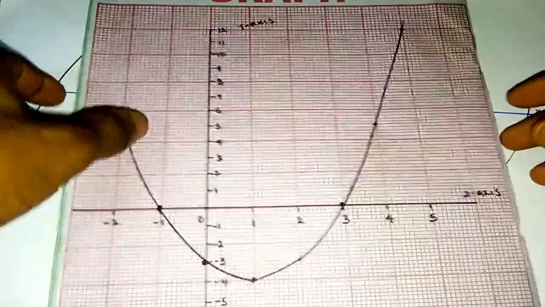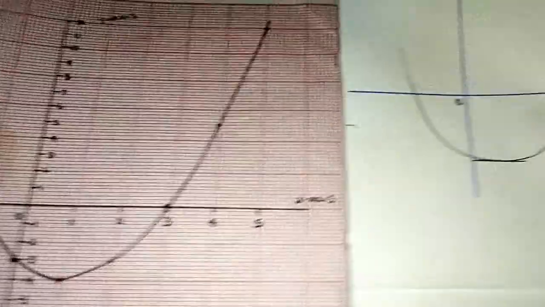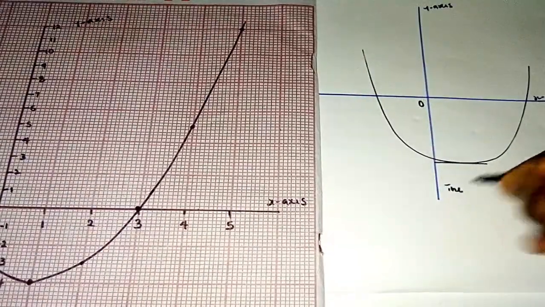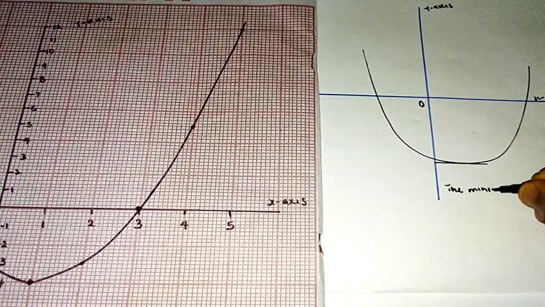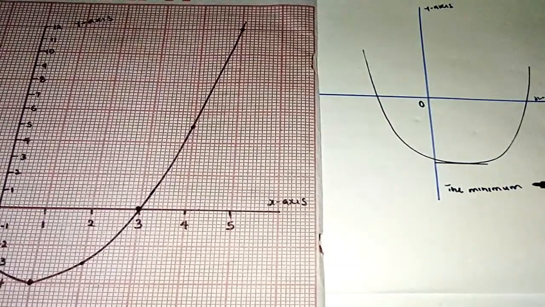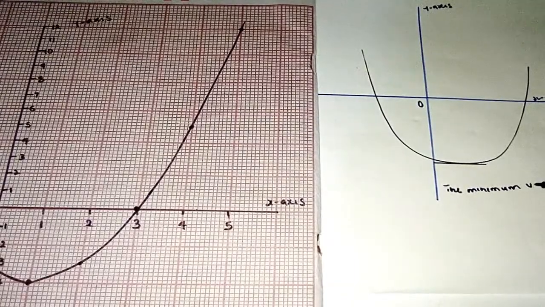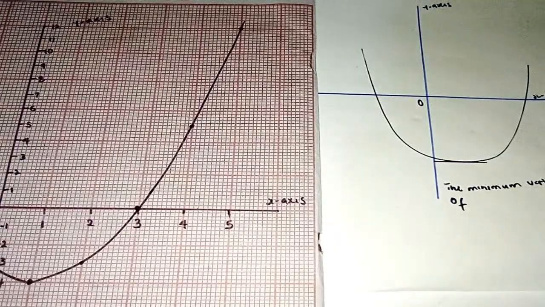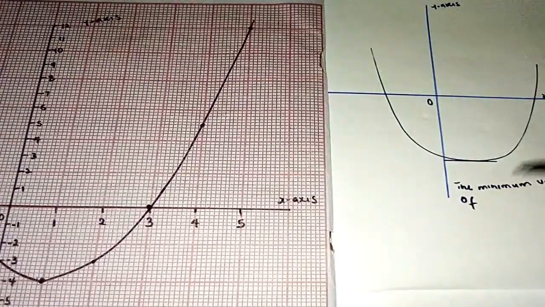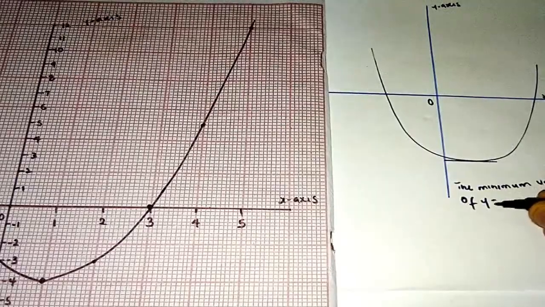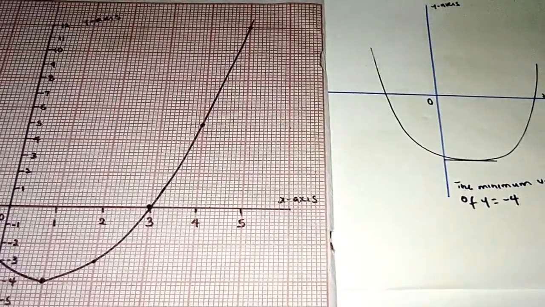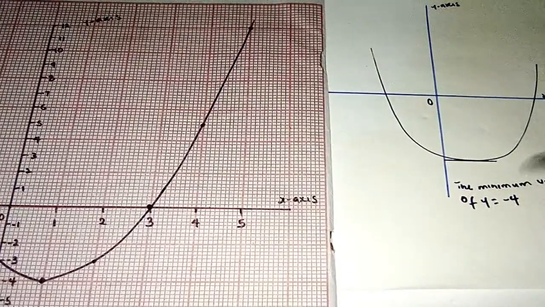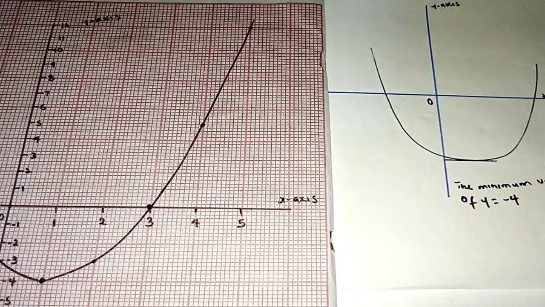Now your answer would certainly be something like this: the minimum value of y is equal to -4. So that's exactly what you do to answer that kind of question. The minimum value of that question is -4.